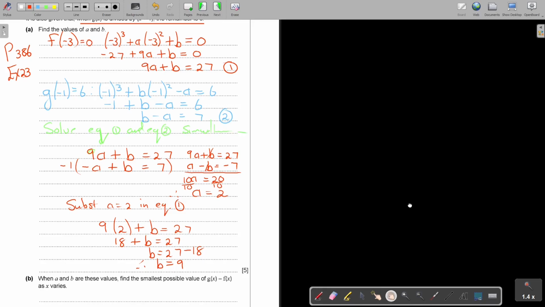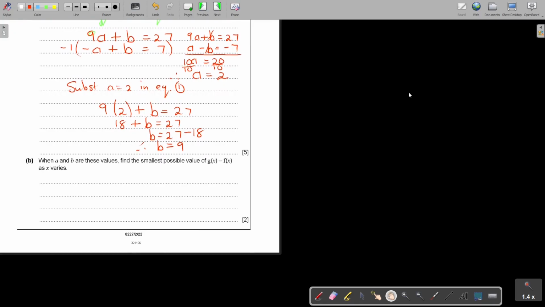Now, looking at the next part, they say when a and b are these values, find the smallest value of. So they want to subtract the two, and don't forget they ask for the smallest possible value, not just subtract. But let's first subtract.